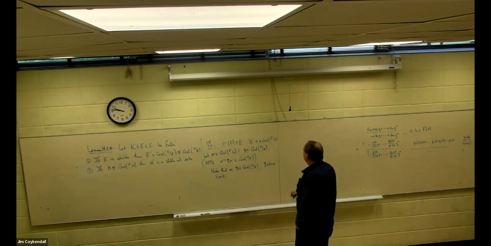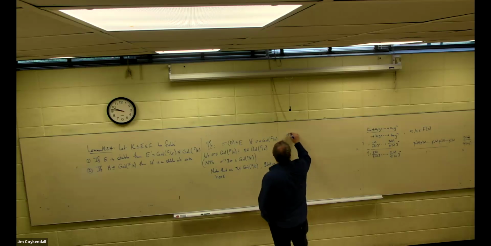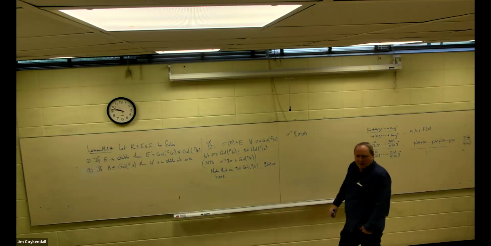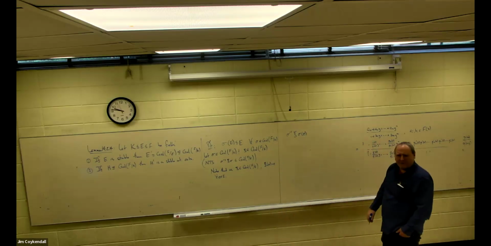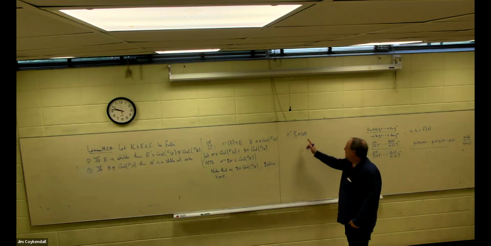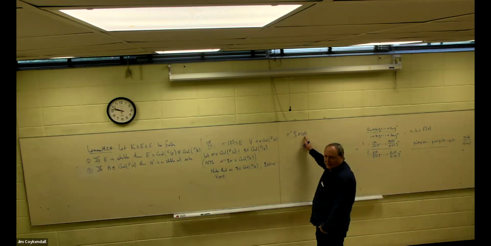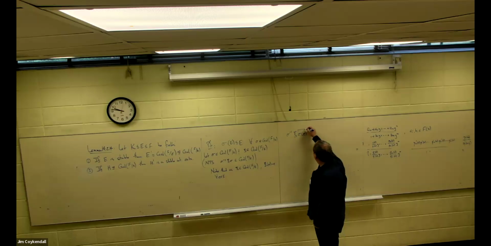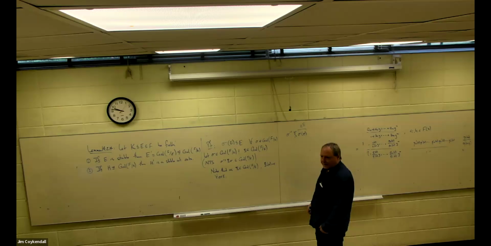So let's see what happens. If you look at sigma inverse tau sigma of e, I know that it's stable, so I know that this chunk right here is in E. Everybody agree with that?